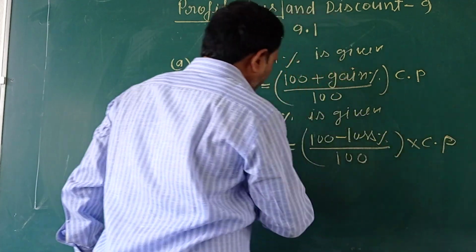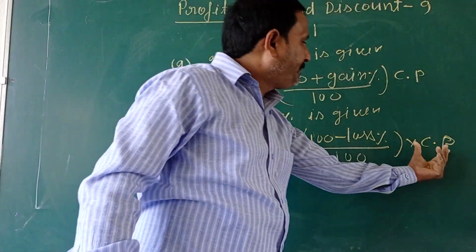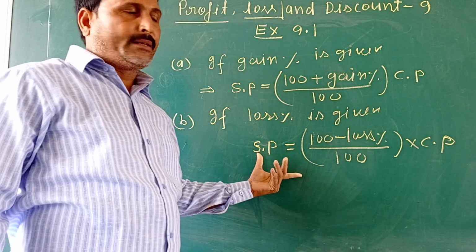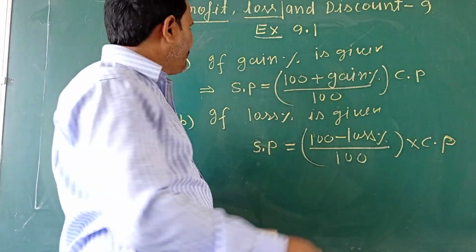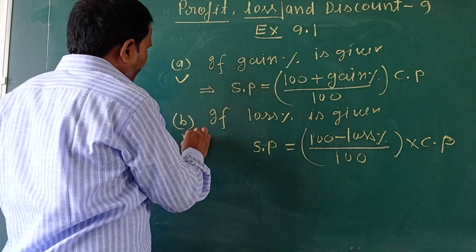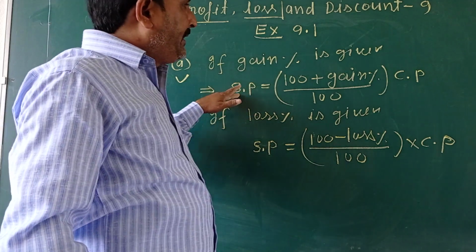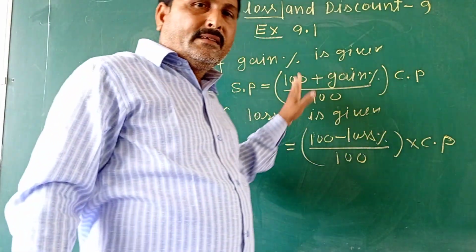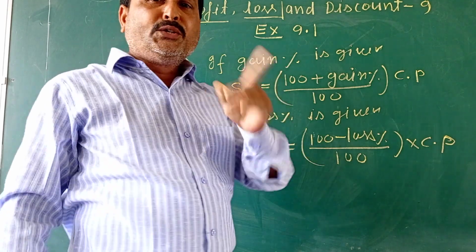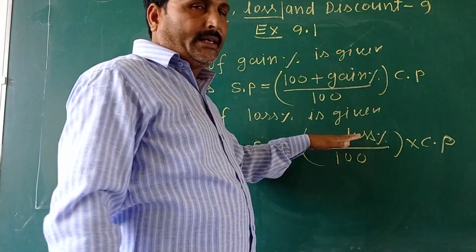Again for ST the same formula, and for CP, cost price, also the same formula. I will use only two formulas, either for calculating ST or CP. So you also have to use only two formulas.